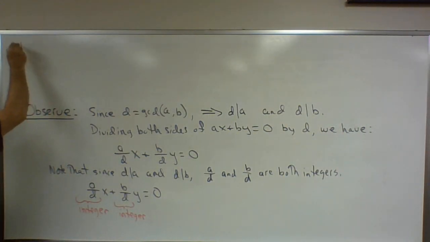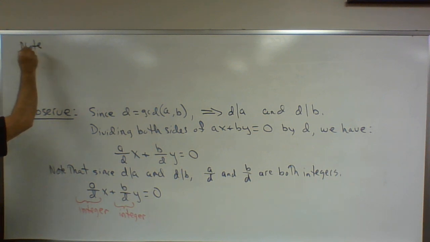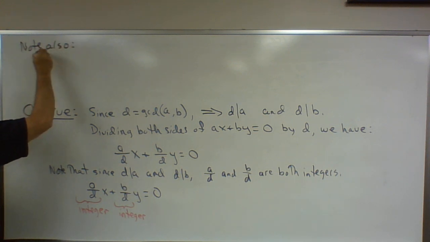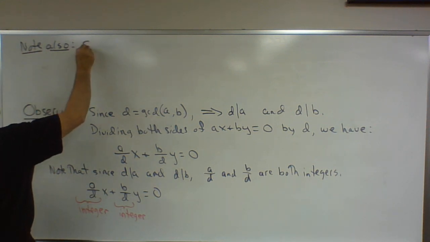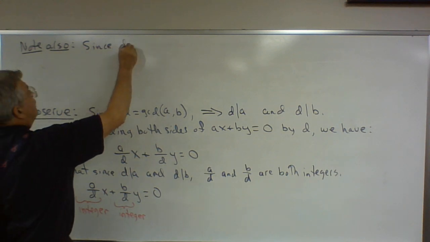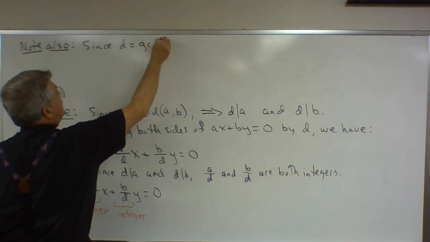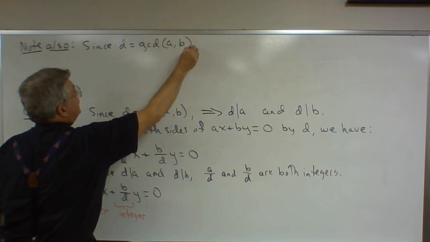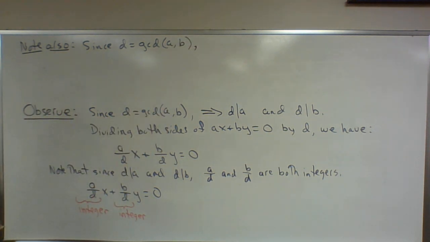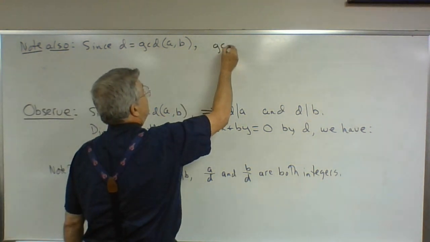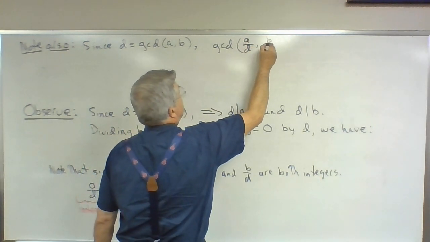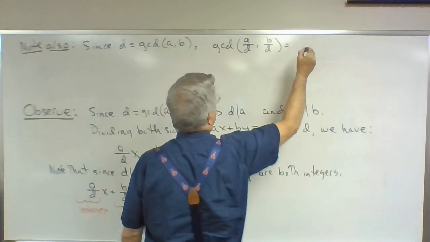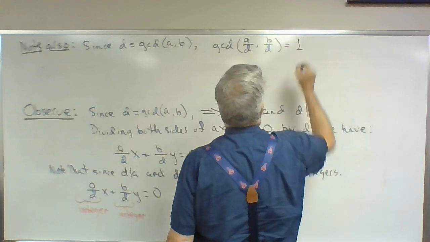But note also, since d is the greatest common divisor of a and b, the greatest common divisor of a over d and b over d is going to be 1.